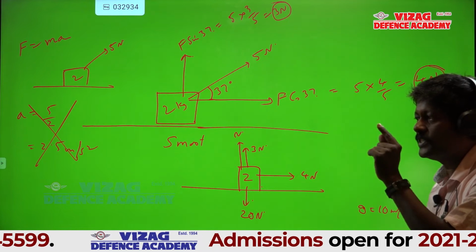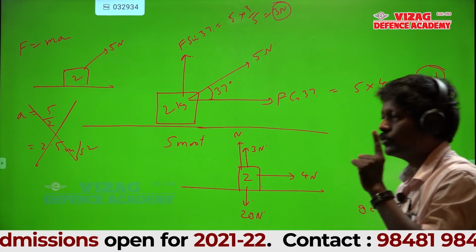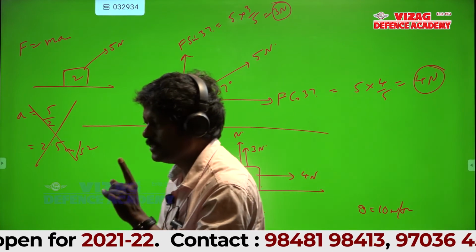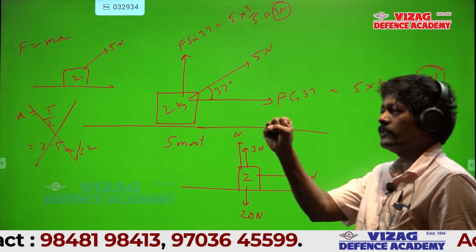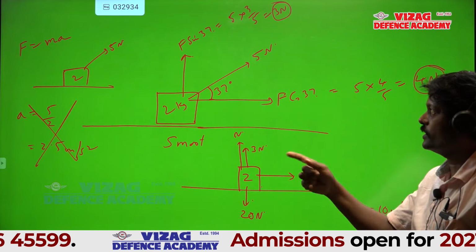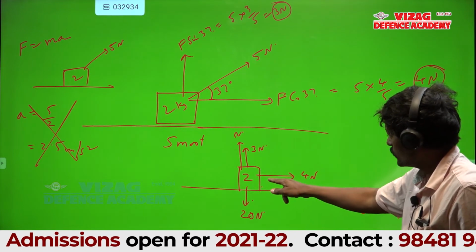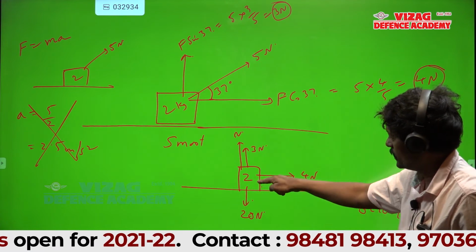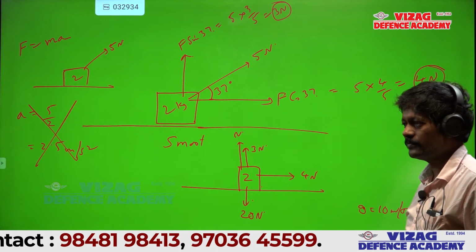You check which direction the body is moving. Catch hold of that direction force. You have to find out the force in that direction, then only you will get acceleration. Force in the direction of motion divided by mass gives acceleration in the direction of motion.